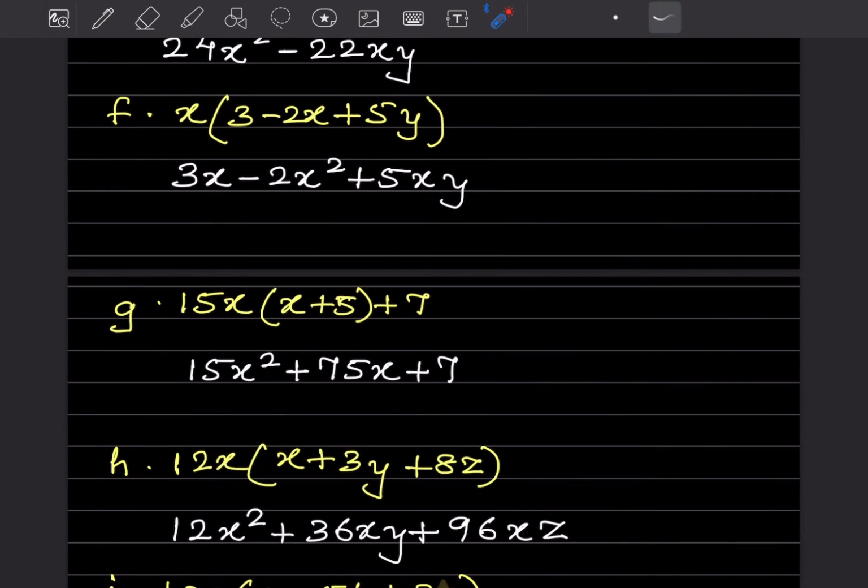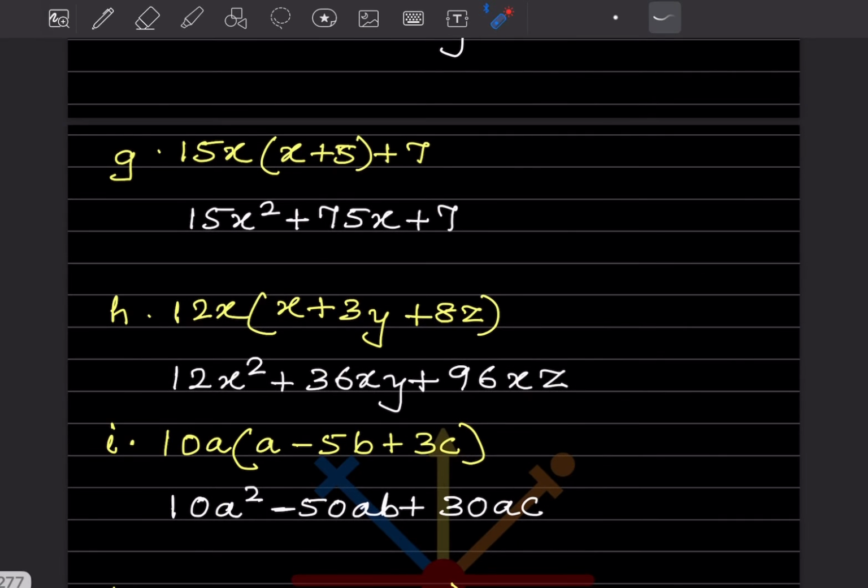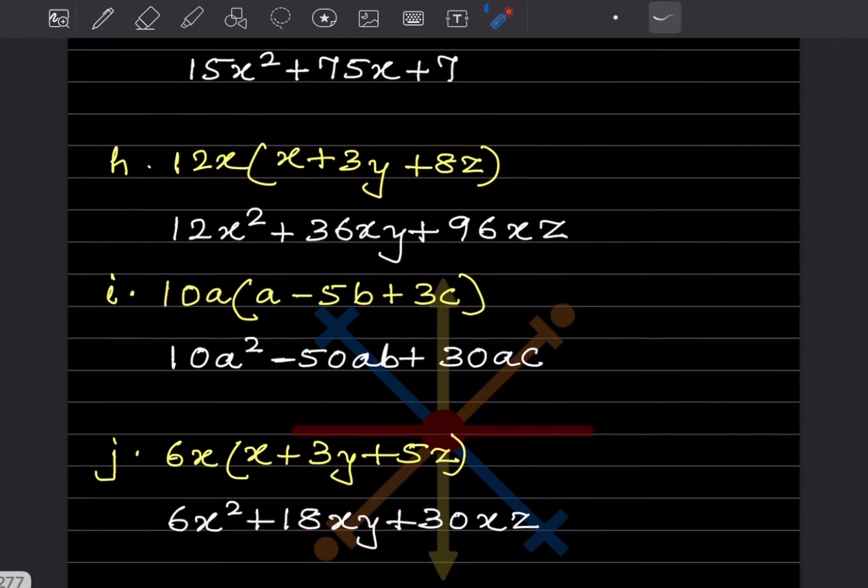Now in this one, what we can see, this 15x is for what is in the bracket, these two terms, and this plus 7 is separate. So we can write here 15x square plus 75x and this plus 7 separately. This we can do as 12x square plus 36xy, and this is going to be 12 8s are 96, that is xz.